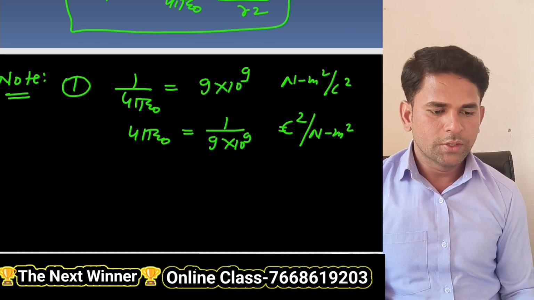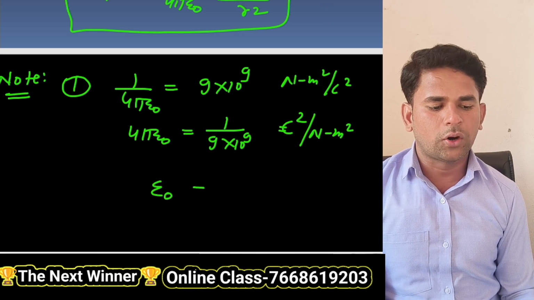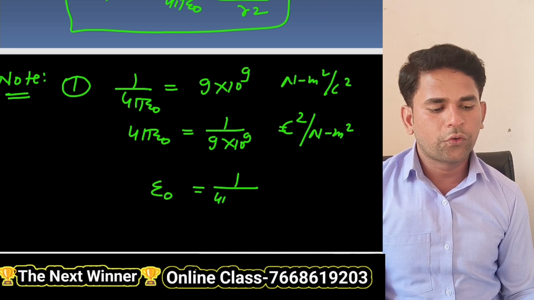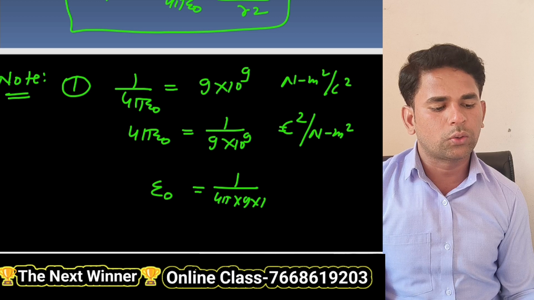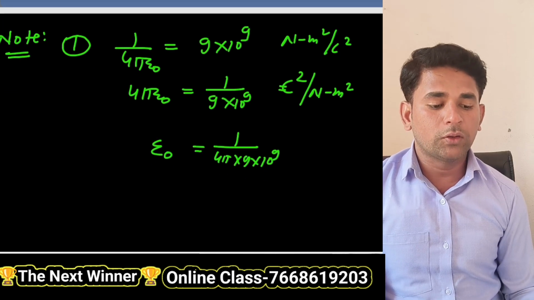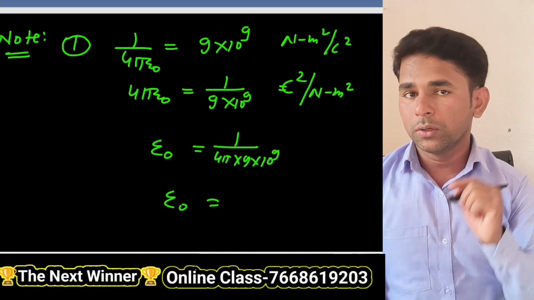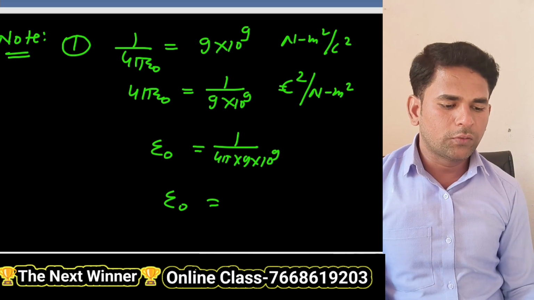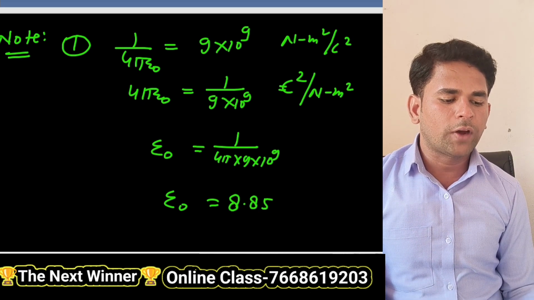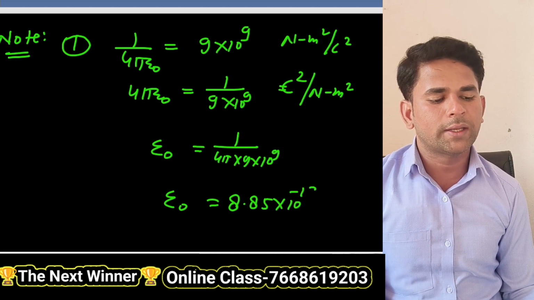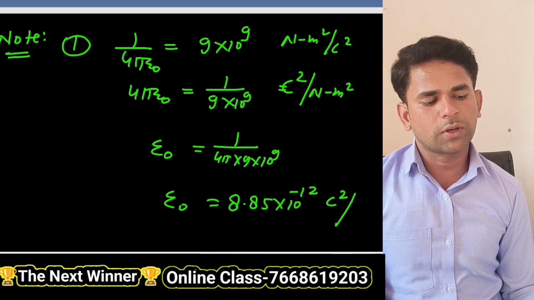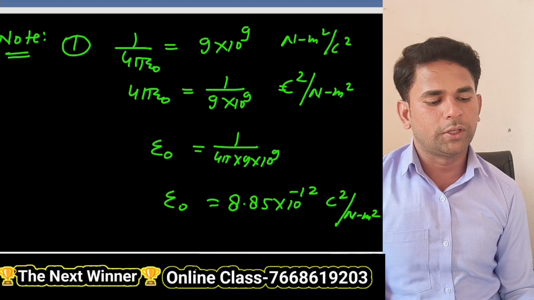Now suppose you are finding epsilon naught. You can write 1 upon 4 pi into 9 into 10 power 9, and when you solve it completely, you will get 8.85 into 10 power minus 12 Coulomb square upon Newton into meter square.